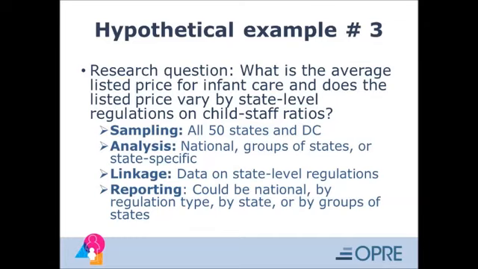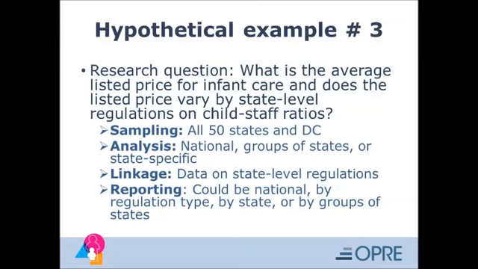You could conduct the analysis at a national level, for example, and run a regression that enters in regulations, so that you would have one regression with different estimates for different types of regulations.